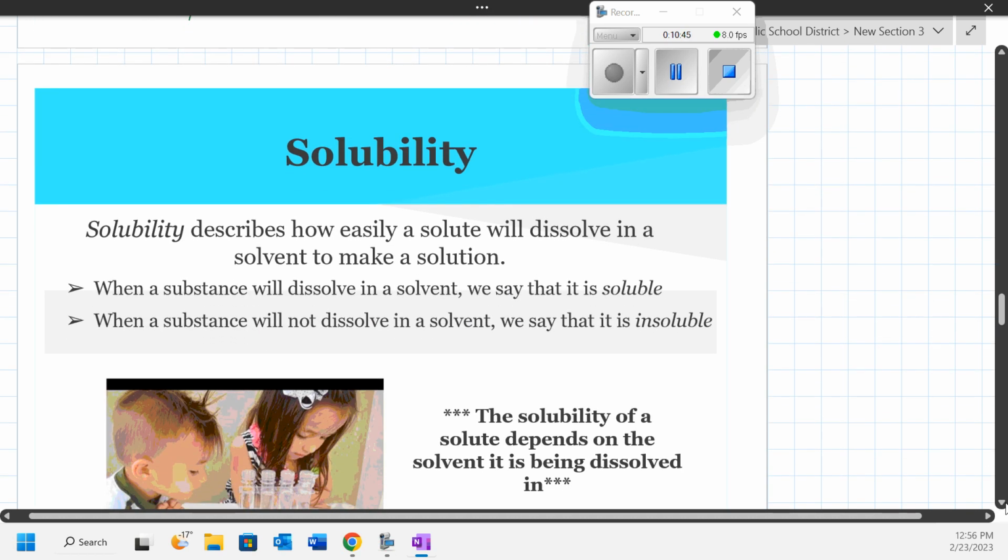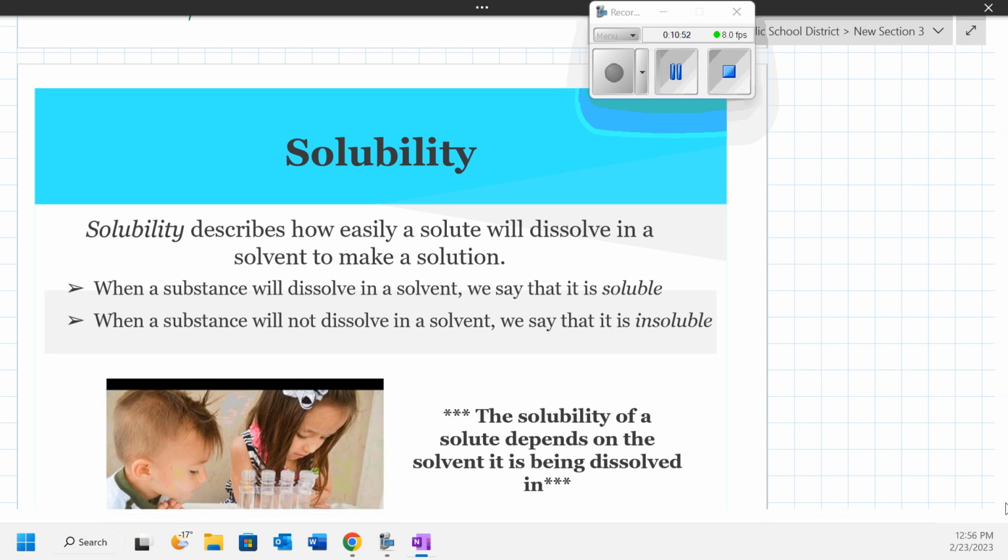Solubility, on the other hand, is a way that we tell how easily a solute will be dissolved in water, in a solvent.